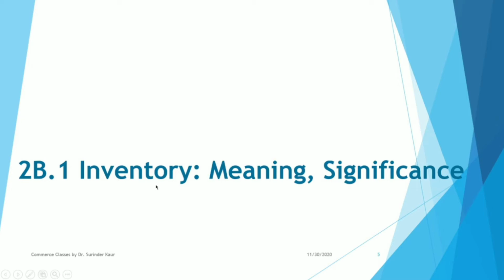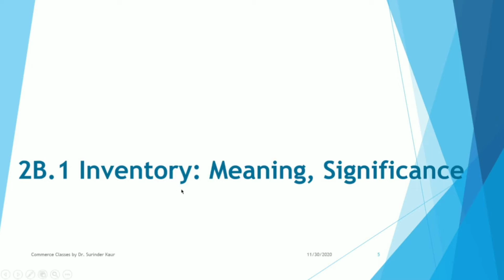So maybe for a stationery shop, all the items of stationery are their goods, and their stocks on a given point of time will be referred to as inventories of goods.